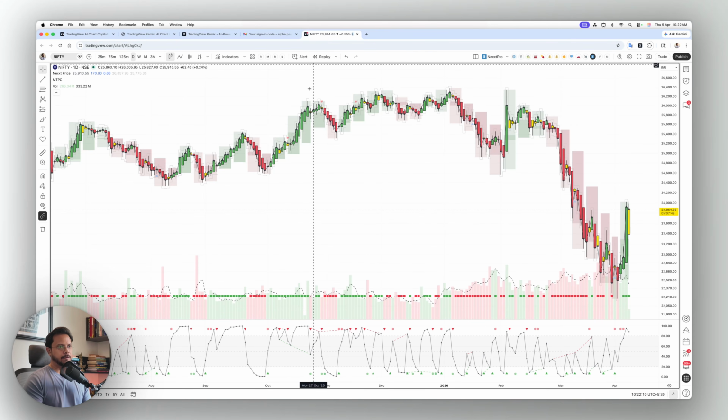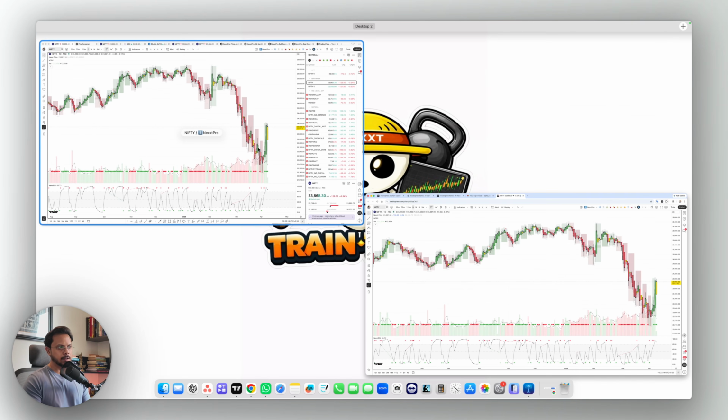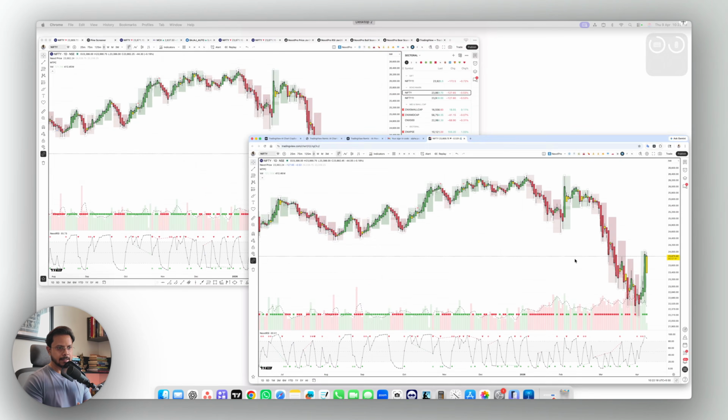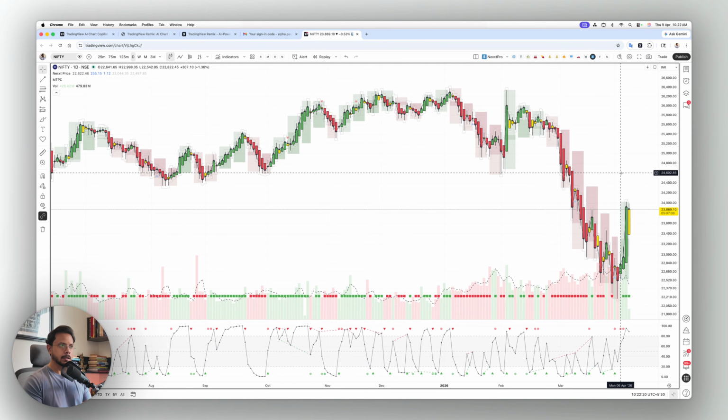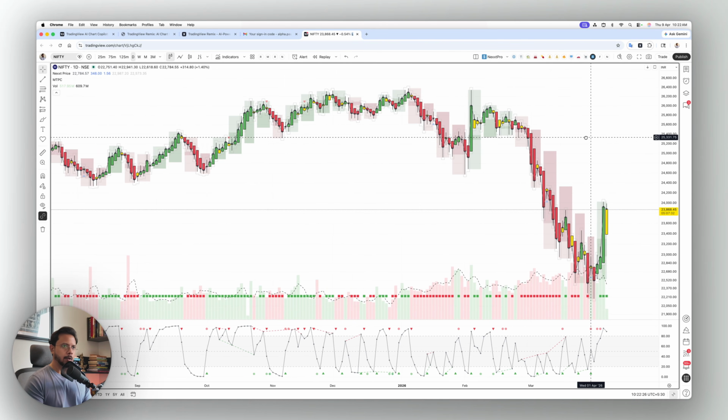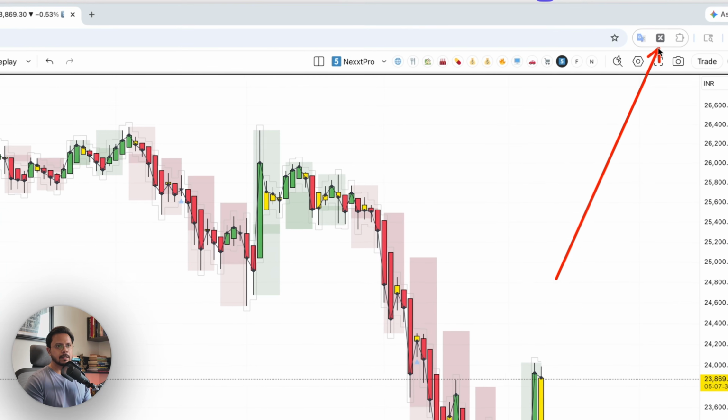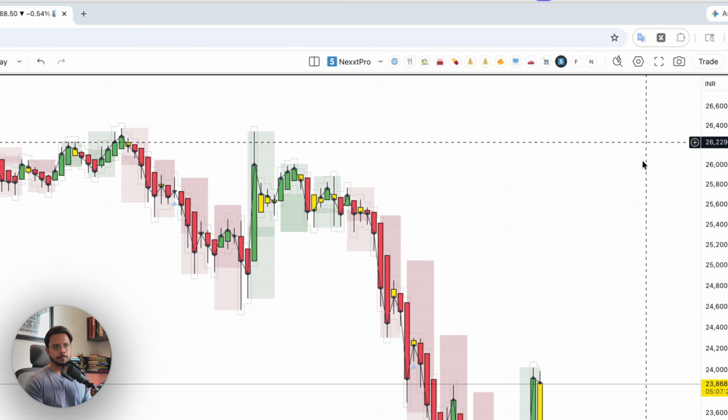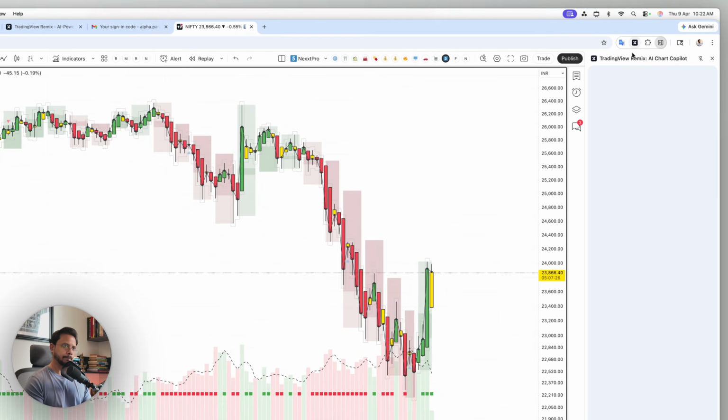And now I have this. I generally always use the TradingView app. But for this extension part, for this Copilot section of TradingView, I'm using the Chrome browser. I have to use the Chrome browser. Now, on the top right, this is the Copilot. All right, let's click on it.